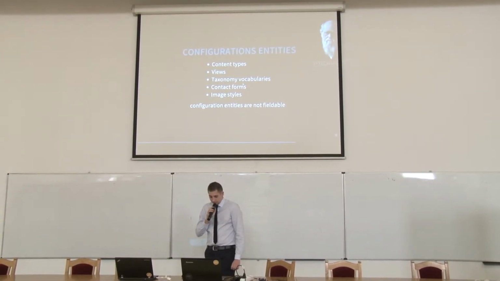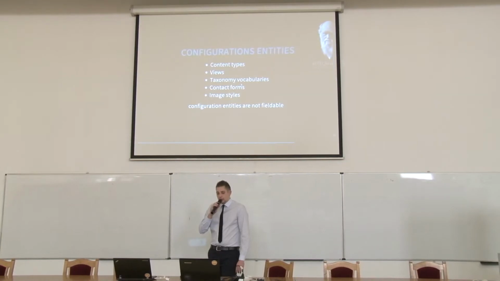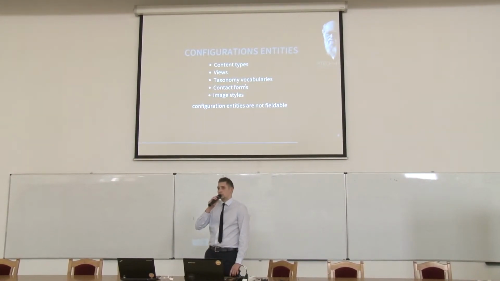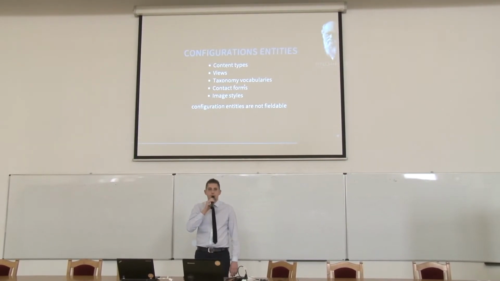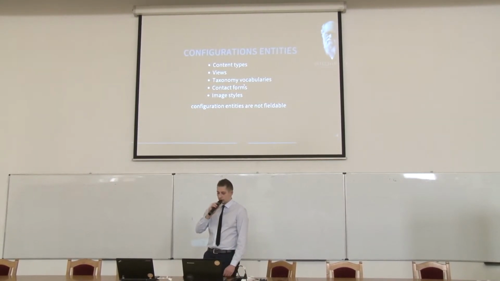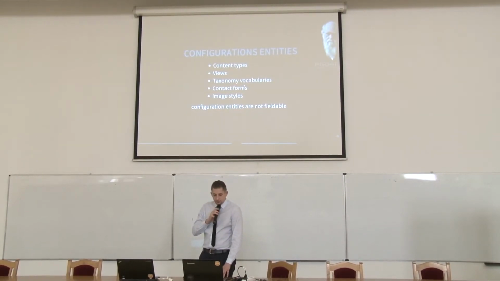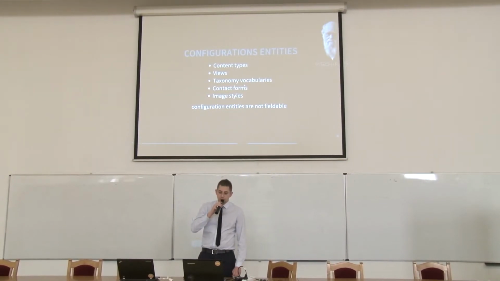So, the difference between the configuration entity and the content entity is that the configuration entities use the configuration system for storage. It doesn't use the database or the SQL storage, for example. Everything on a content entity is a field, and nothing on a configuration entity is a field.